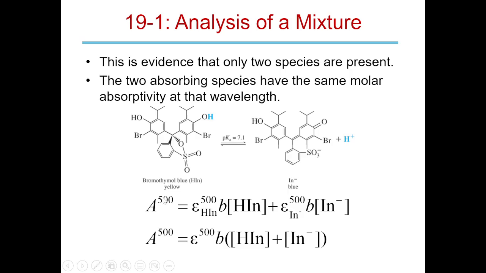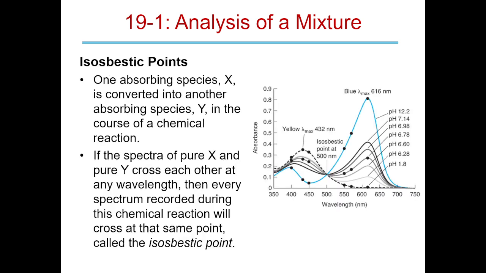That's what the absorbance at 500 means. Your extinction coefficient at 500 for this species would be like so. Your path lengths are the same, of course. And then your concentrations would be due to the reaction, right? So by definition, your extinction coefficients have to be the same at that point, at 500, for you to have one of these wonderful points, the isosbestic point, right?